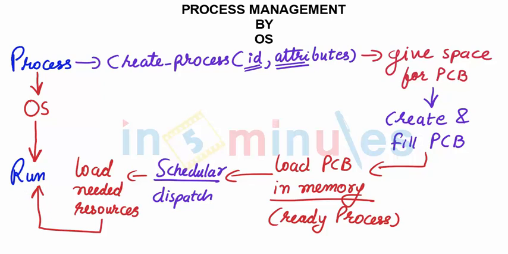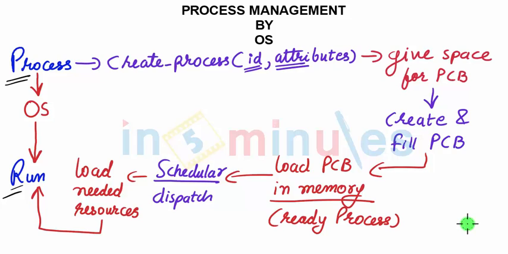Keeping everything together in a quick manner, let's try to understand the entire thing now. When we want a process to be executed by the OS, the first thing the OS does is use the create process command, which gives a unique identification to the process along with all the necessary attributes, including rights, abilities, etc. Now, since the process is ready, the first thing the process requires is a PCB.